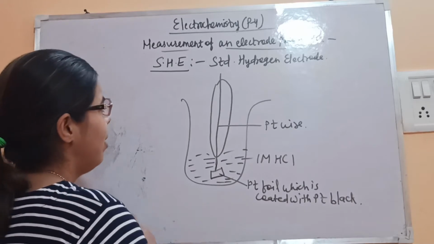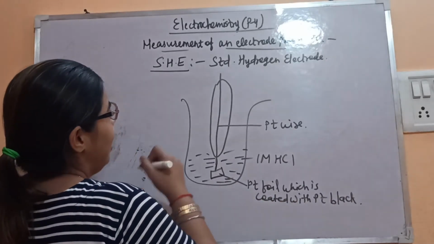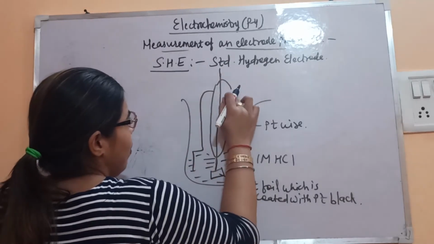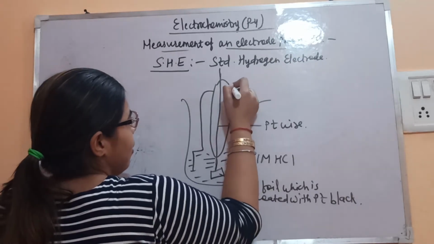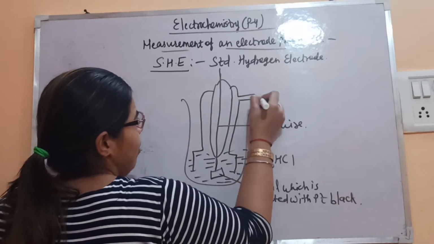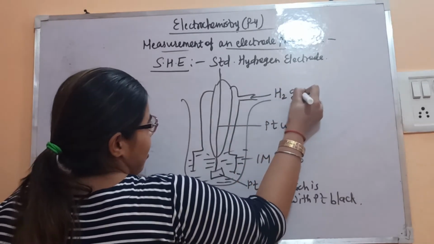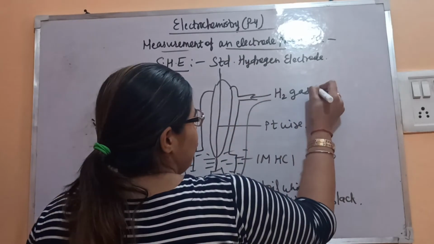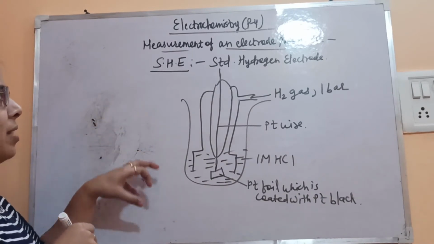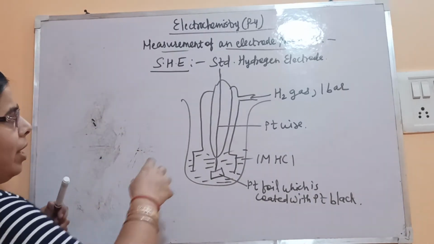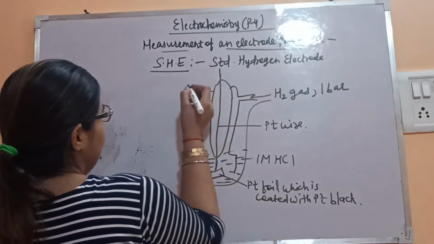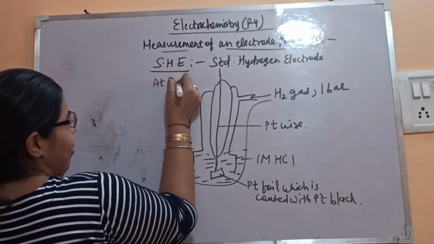Then from here we'll be passing hydrogen gas. Hydrogen gas is bubbled throughout the solution at 1 bar pressure. So this is the arrangement. This is the standard hydrogen electrode. Here we are passing the hydrogen gas at 1 bar pressure, and this overall arrangement is at 298 Kelvin.